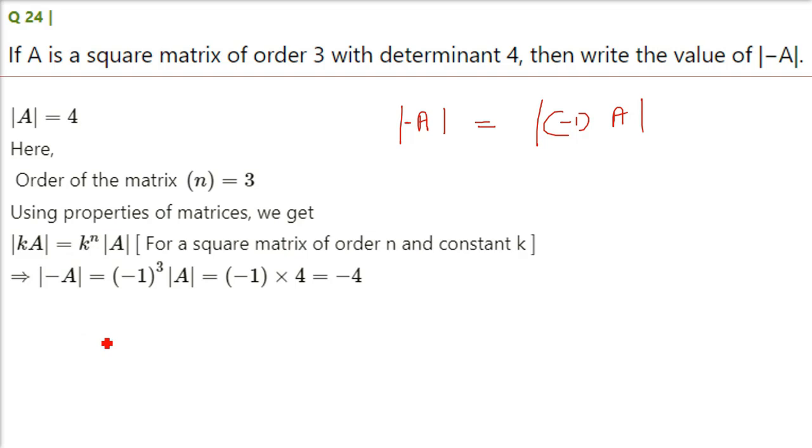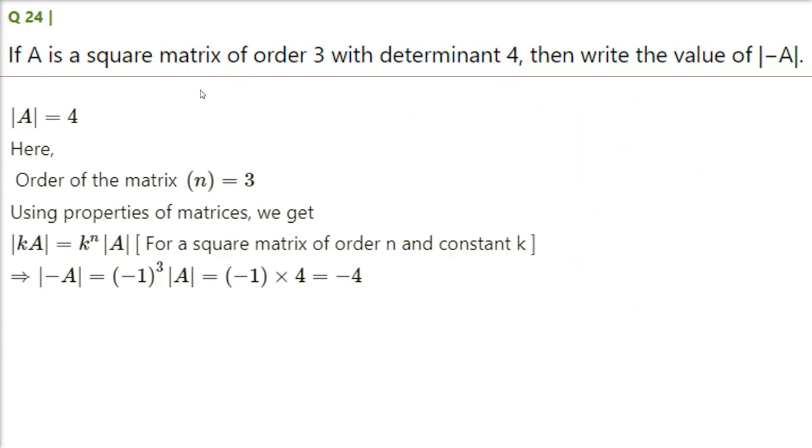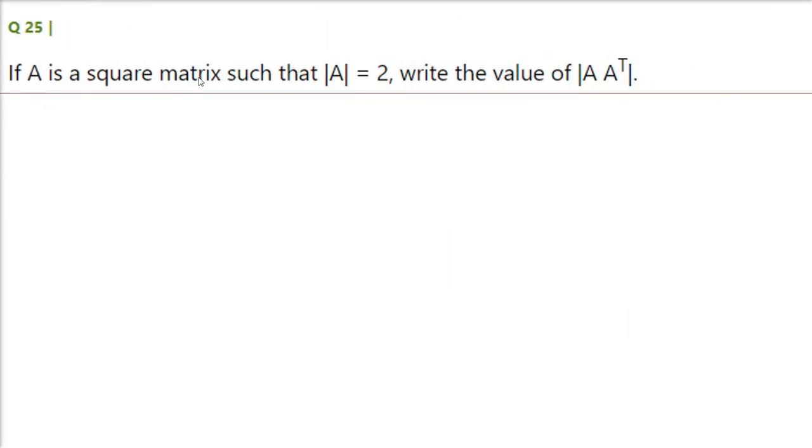Now assume this minus 1 to be K. When you try to find the determinant of K A, it will be K raised to n when it comes outside of the determinant, and then determinant of A remains inside. So K raised to n, where K is minus 1 to the power n, and inside you have determinant of A. So minus 1 to the power 3, and determinant is 4. It is minus 1 into minus 1 into minus 1, which is going to be minus 1 only, and minus 4 it will be.